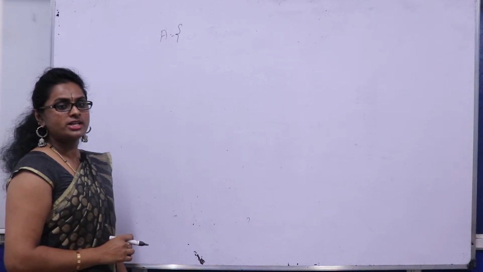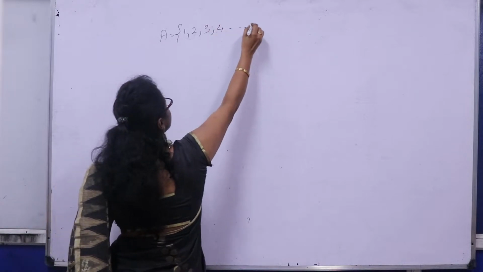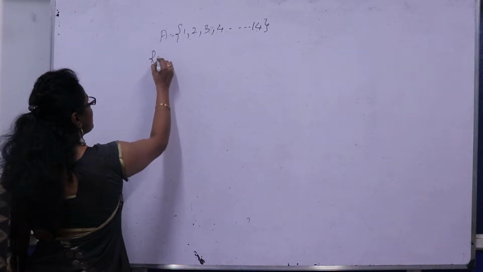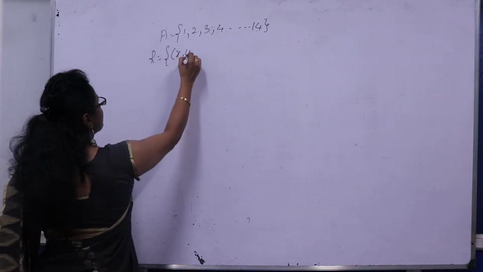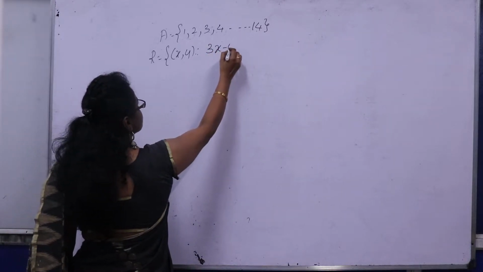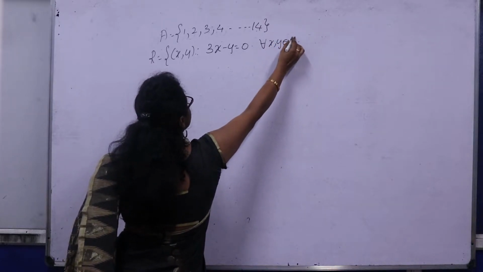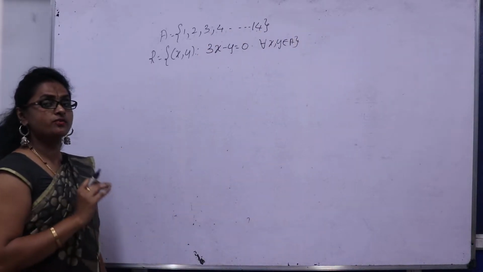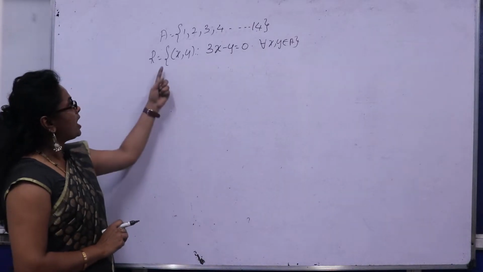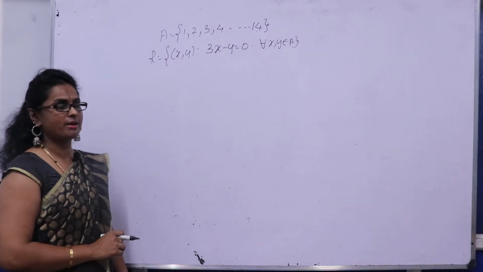A relation on a set A = {1, 2, 3, ..., 14} is defined as R = {(x, y): 3x - y = 0, for all x, y belonging to the main set A}. This is very important, and they normally keep asking it for 3 marks. How do you answer such a question when it is asked in an examination?